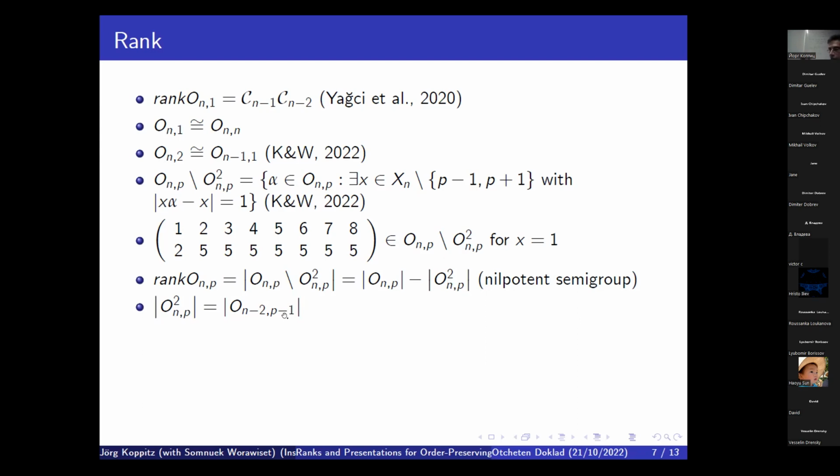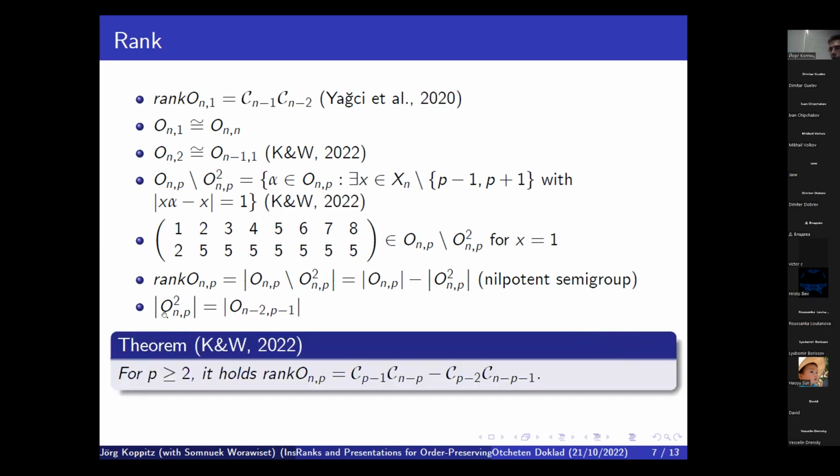Then this cardinality is known, and then we know also this cardinality. And then we could show that the rank of ONP is exactly the difference between these both products of Catalan numbers.